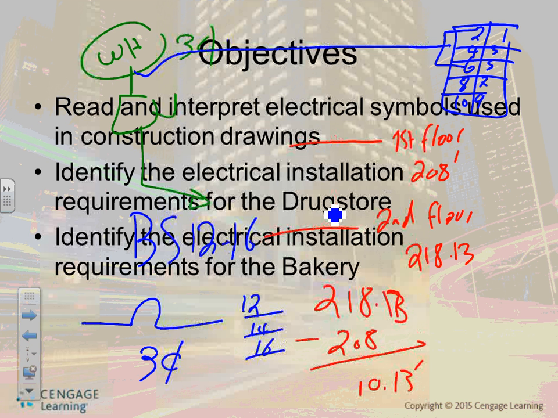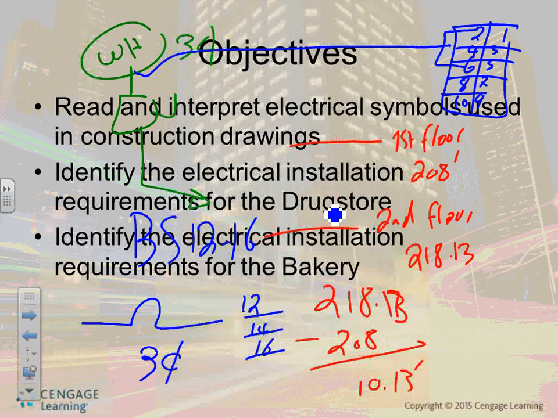Very simple. Go to the beauty salon and look at circuits 11 and 13. What are 11 and 13 feeding? What's the voltage on the washer and dryer?